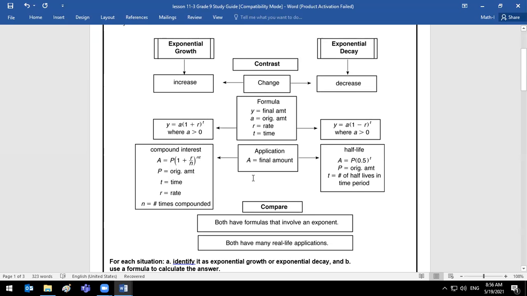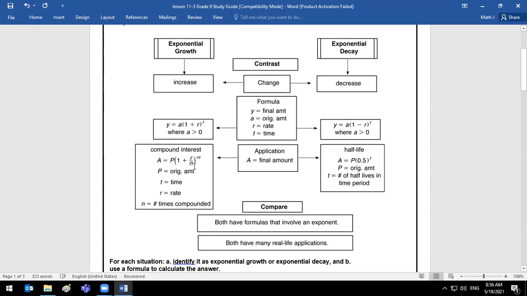Also in this lesson, we are going to talk about compound interest and half-life. Both have formulas involving an exponent, and both have many real life applications. Each one has a formula. For compound interest, it will be A equals P open parentheses 1 plus r over n, all to the power of nt.